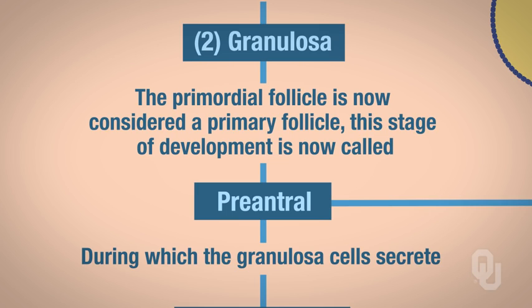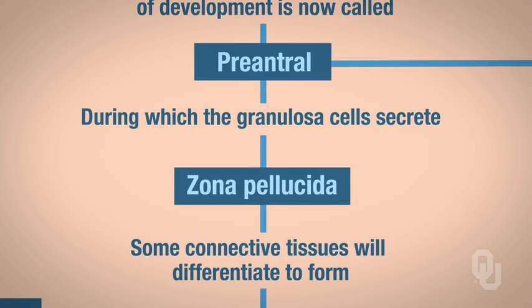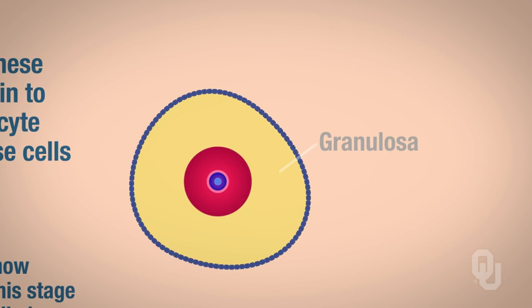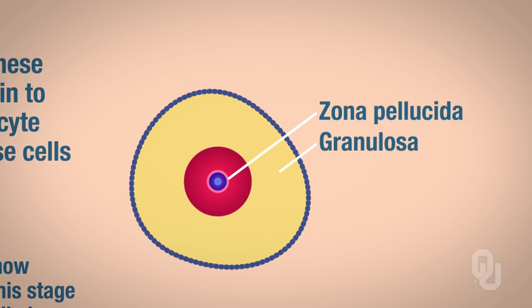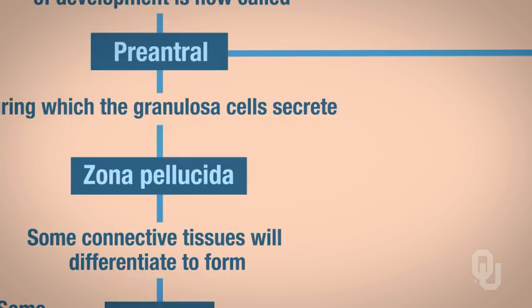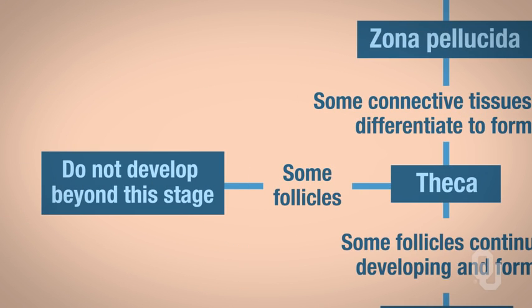Once we have those granulosa cells, they're going to secrete what's called the zona pellucida. Now, the zona pellucida is going to differentiate to form what are called the theca cells. So now we have these theca cells. Now, some of these cells don't go beyond development any longer.